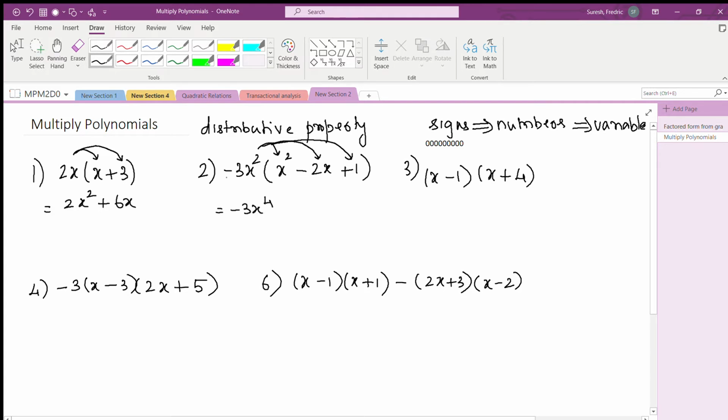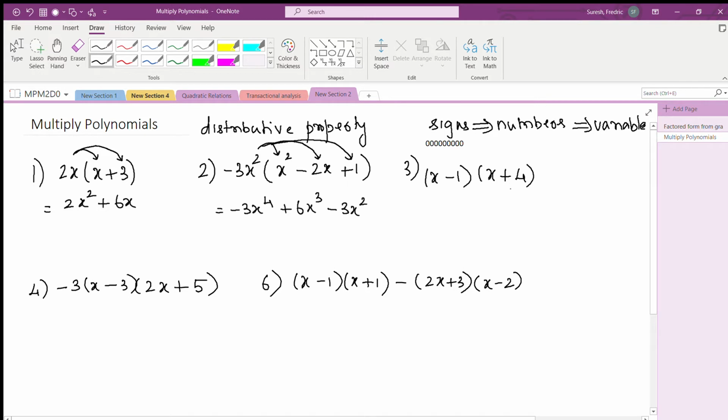In the second one, we are multiplying a negative with a negative, so that turns out to be a positive 6x to the power 3. Notice here we are using exponent laws. x squared multiplied by x squared, we have to add the 2 and the 2, and that's how you get a 4. For the second multiplication, there is a square there, there is a 1 here, so 2 plus 1 is a 3, and finally you have negative 3x squared.